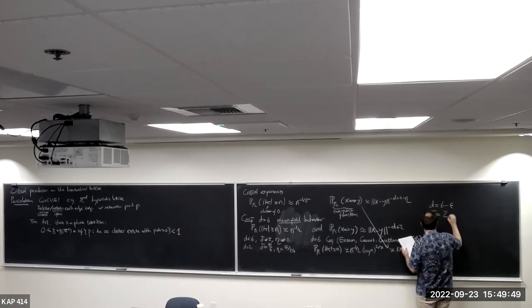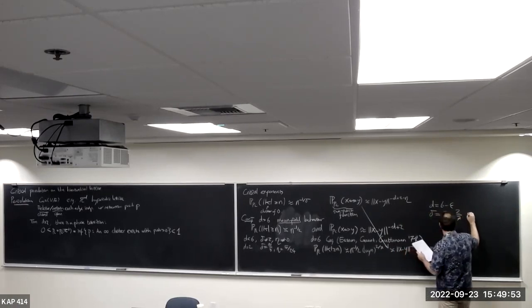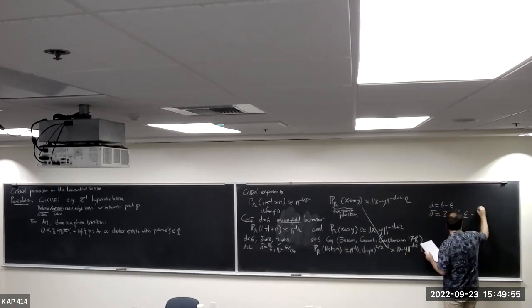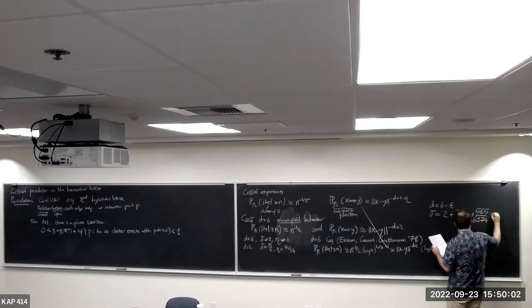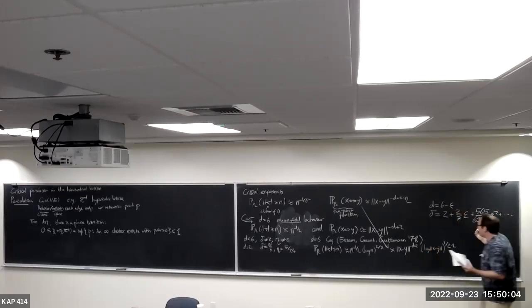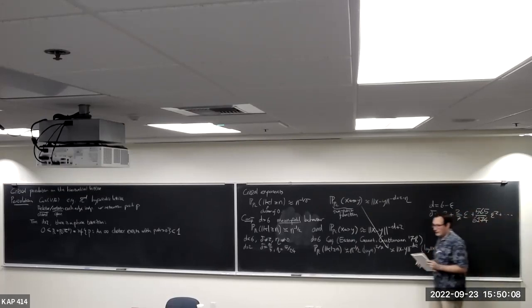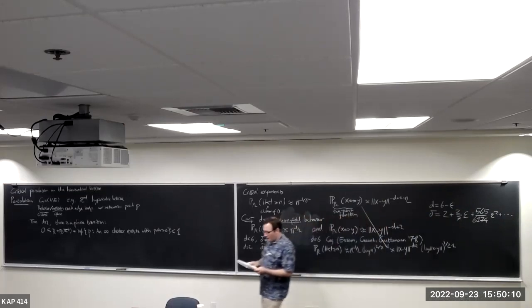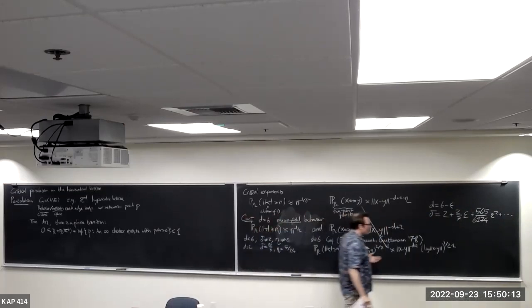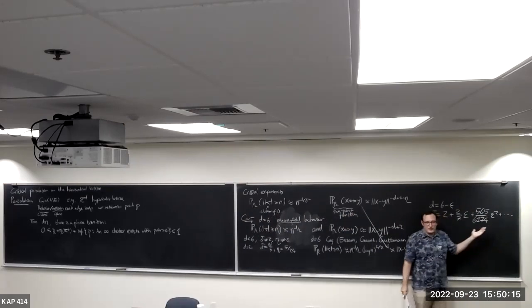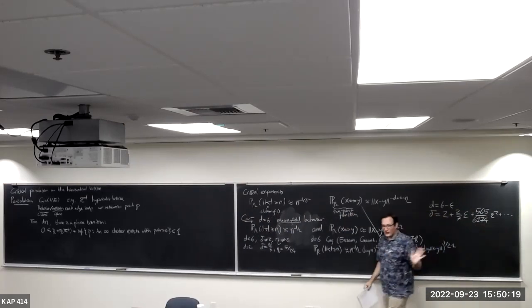If you read the physics literature, and there's a Wikipedia page about percolation critical exponents that's very good for this, you get this expansion, supposedly, and there's a similar one for eta. There's not even an algorithm that will produce these coefficients for you, so the whole thing is horrible.